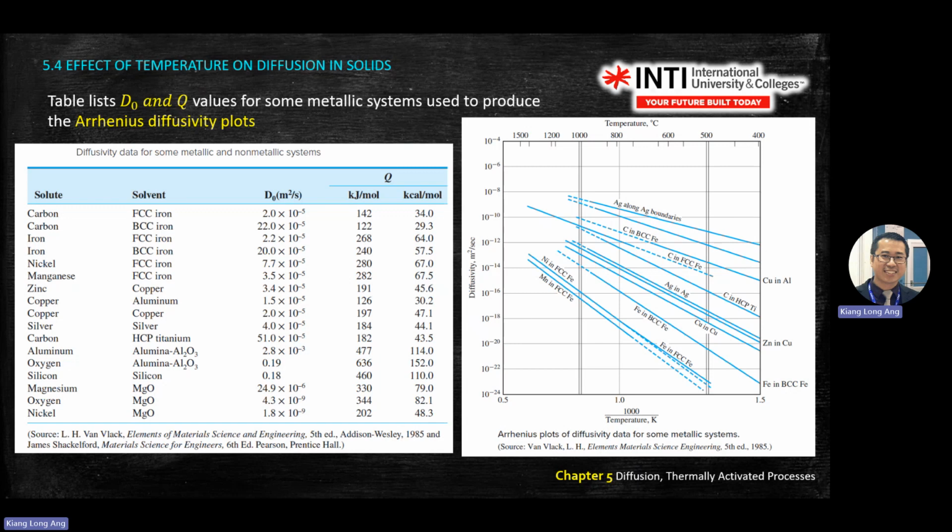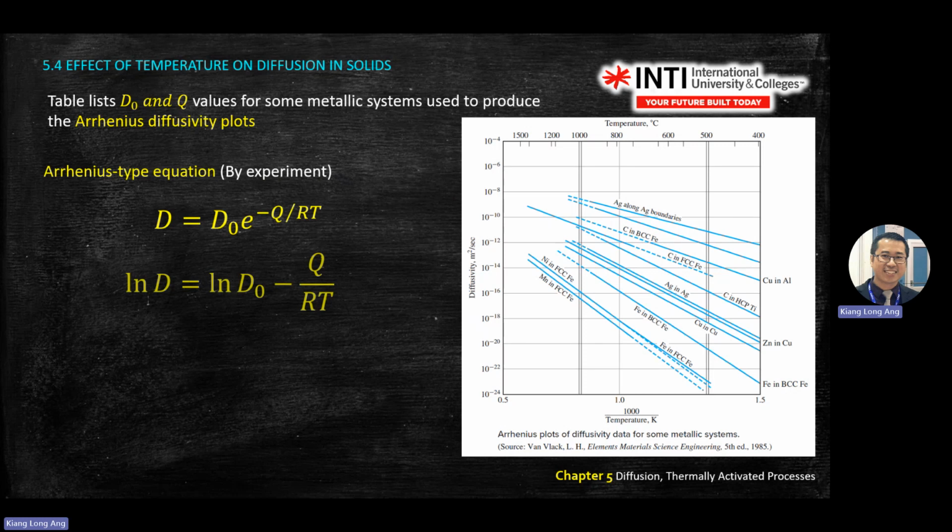This one you can find in the encyclopedia of materials, or especially when you work in the silicon industry, or those high-tech industries, especially in the R&D department. You will see this. So these three are reported by experiment, or you can find them in the encyclopedia.